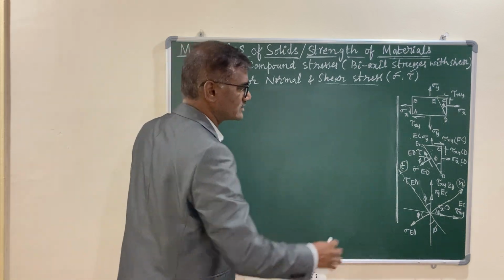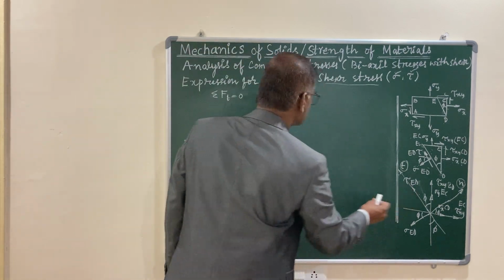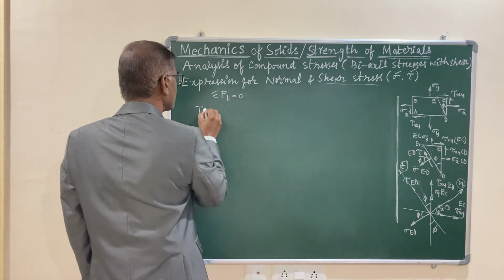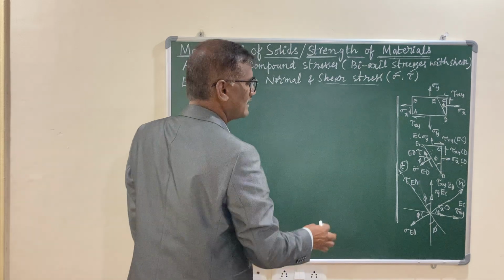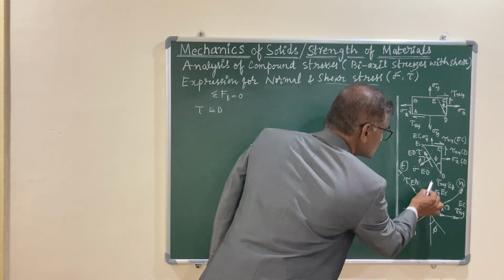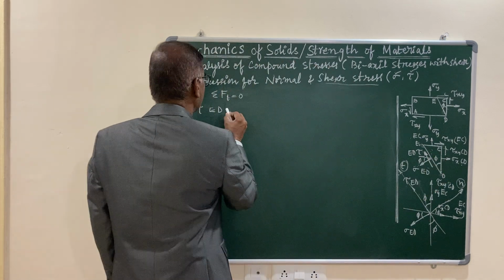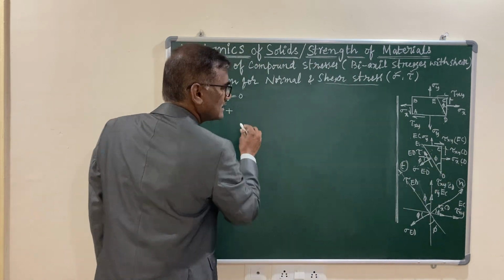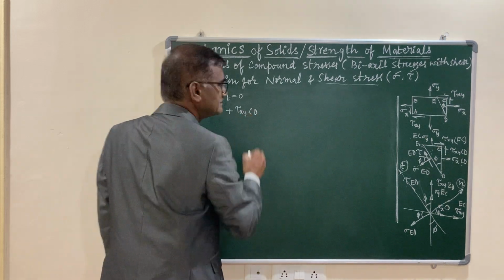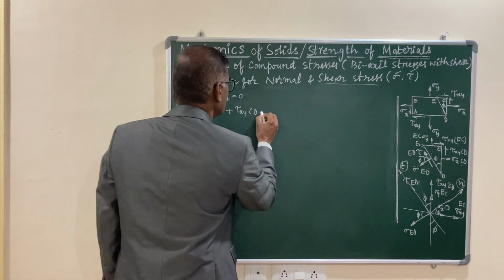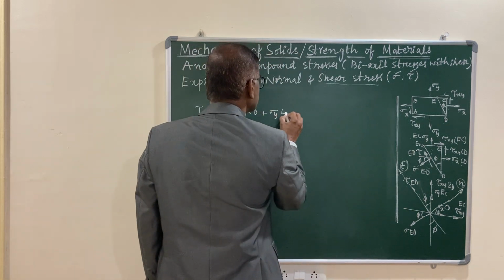Sum of all the forces along the tangential direction is 0, and it is tau into ED, which is positive, and these two components also positive. I am writing it as plus tau xy into CD, that is one force, plus sigma y into EC.